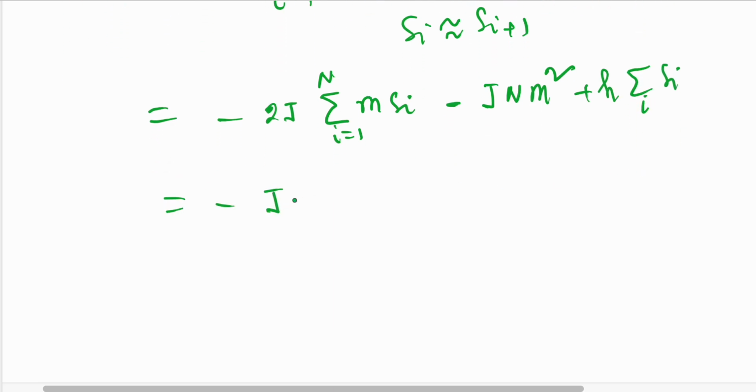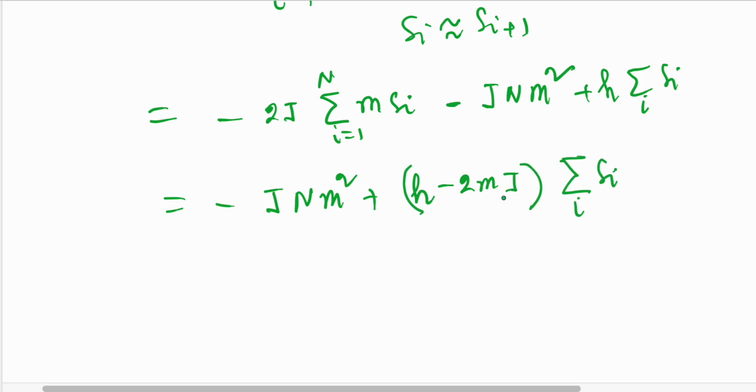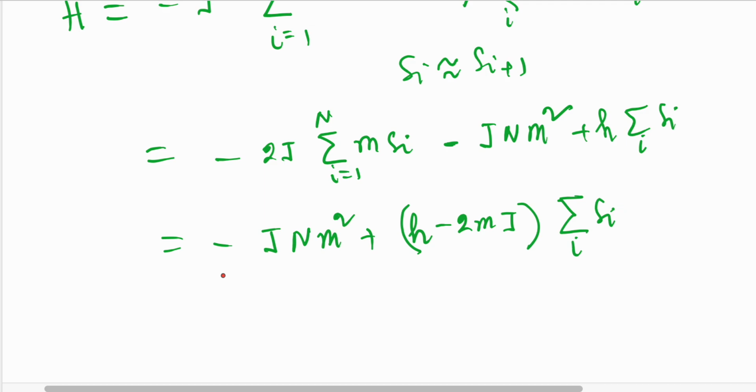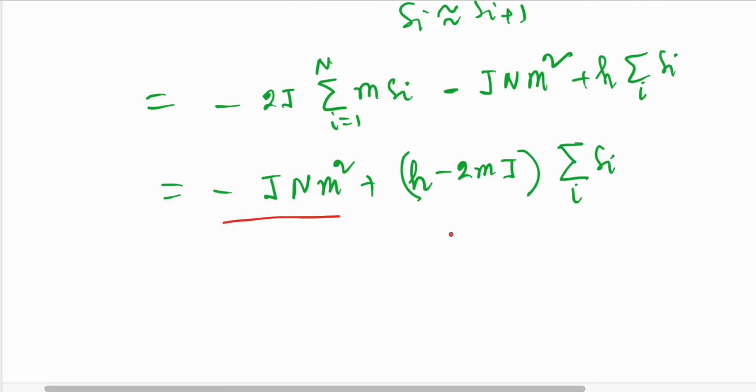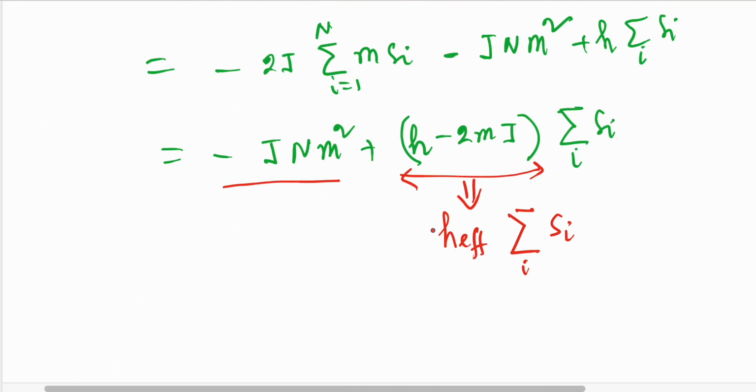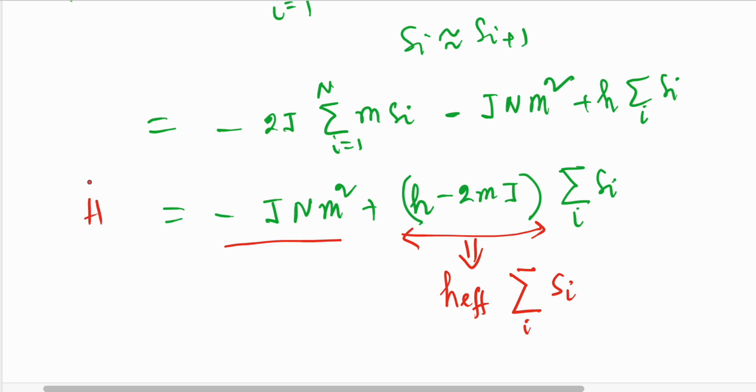So J N M square plus h minus 2MJ sum over i Si. So now you can see that we can write H as a constant term plus some term which is called h effective, the effective magnetic field, into Si. So this will be the effective mean field Hamiltonian.